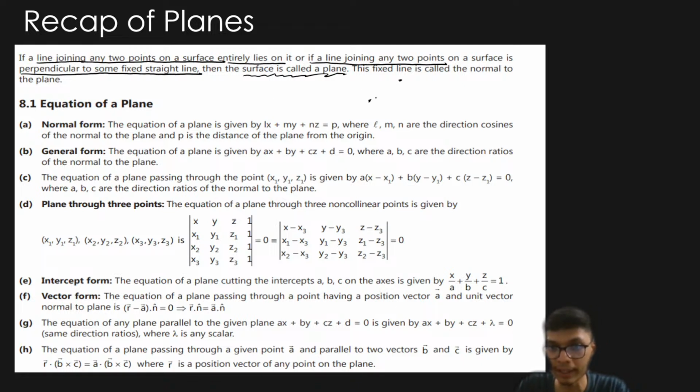If I have 2 points and I join them with a line segment, then that line segment lies entirely upon the surface, such that any line joining 2 points on the surface is perpendicular to the same fixed straight line. So let us say we have a fixed straight line perpendicular to all the lines on the plane, which is common to all of them. That particular surface is called a plane, right? So this is called a plane.